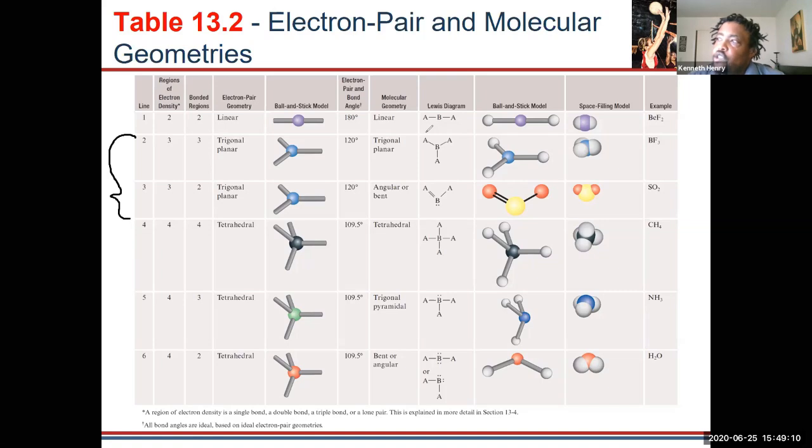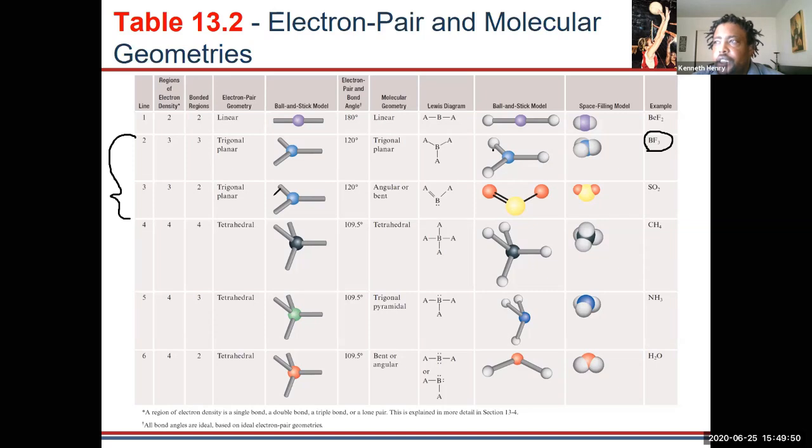Okay, so in the case where we have 3 atoms attached to a center atom, again, you're going to have 120 between it. It's also going to be trigonal planar. The example of this is boron trifluoride.